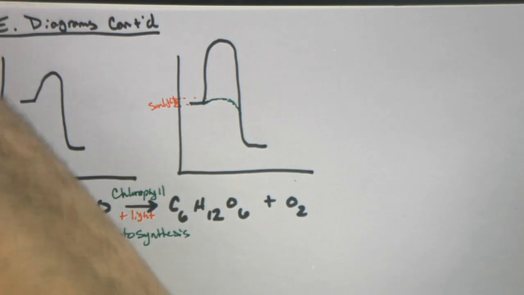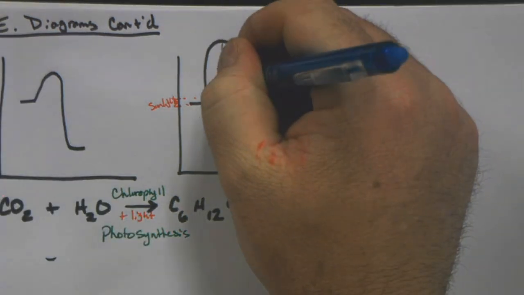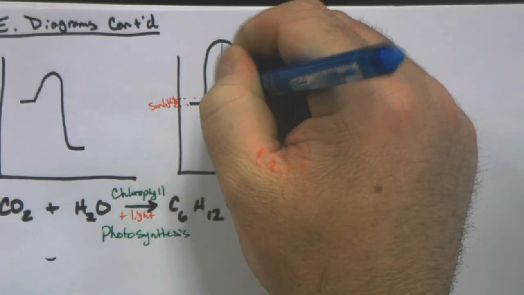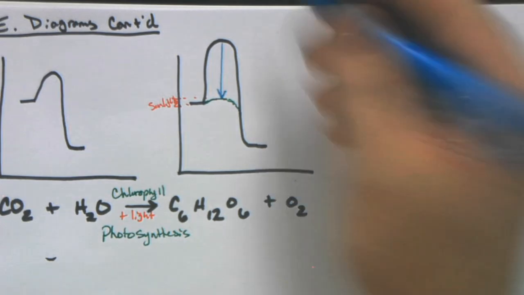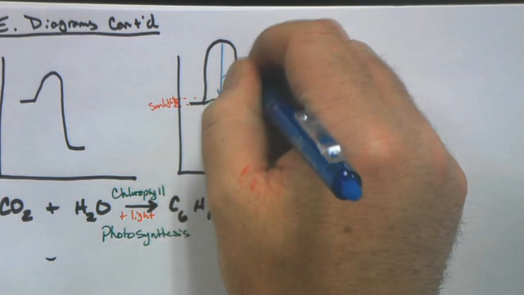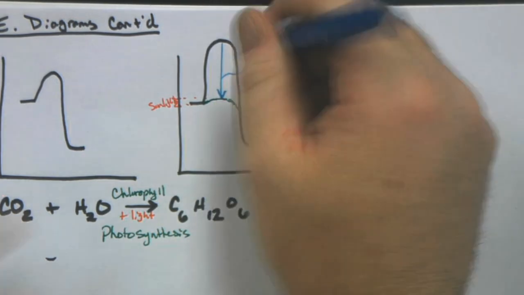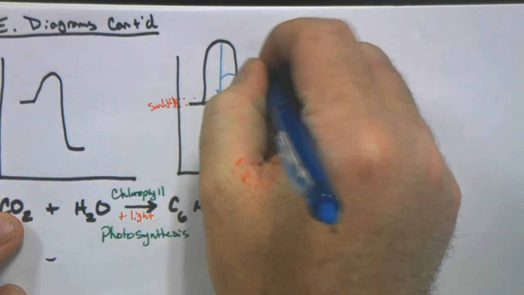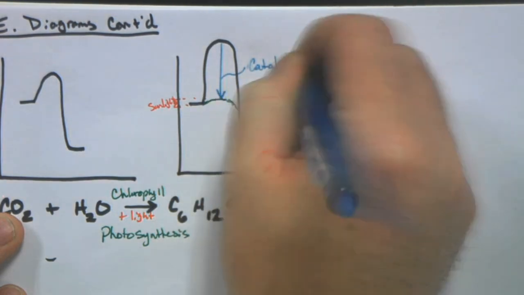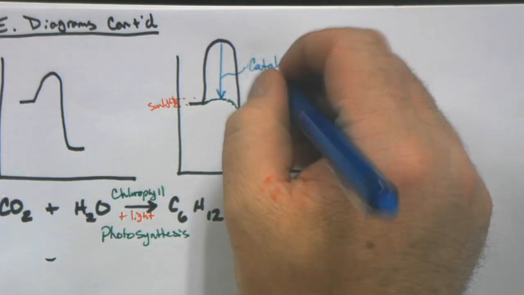When you have a chemical that is capable of decreasing the activation energy on its own, all it does is decrease the activation energy. It is called a catalyst. It is called a catalyst, and that is what lowers the activation energy.